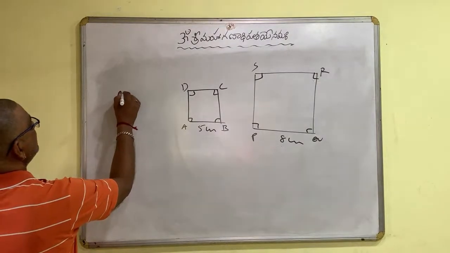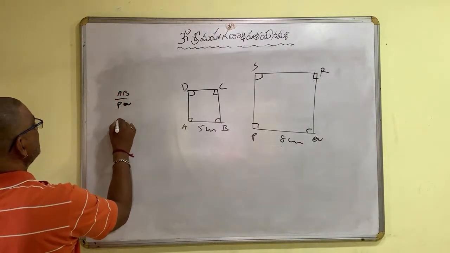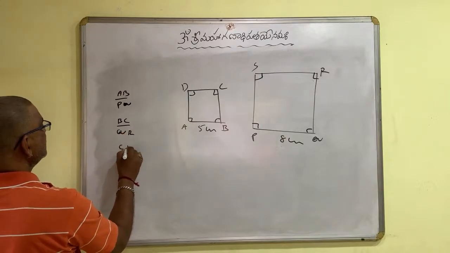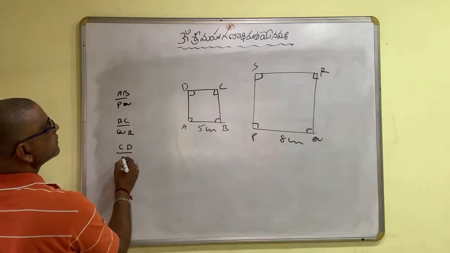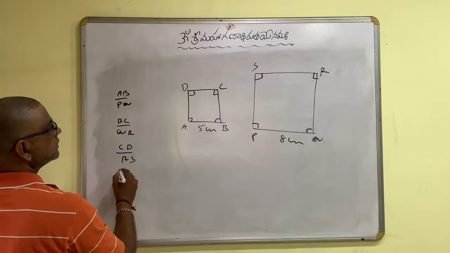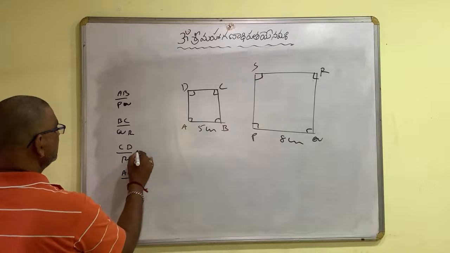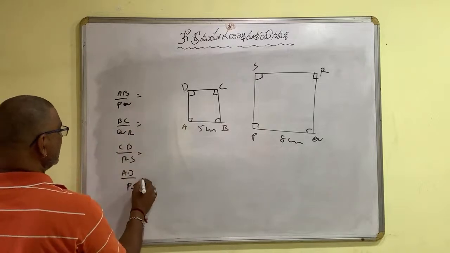See here, AB by PQ, BC by QR, CD by RS, AD by PS. Tell the ratios, children.